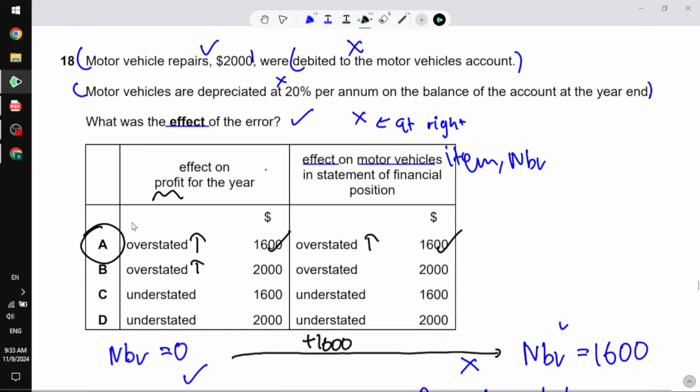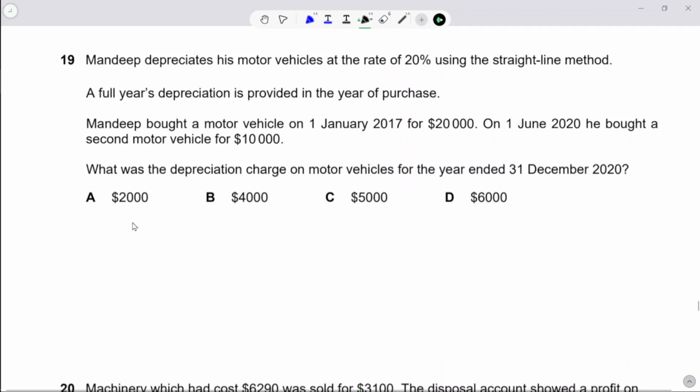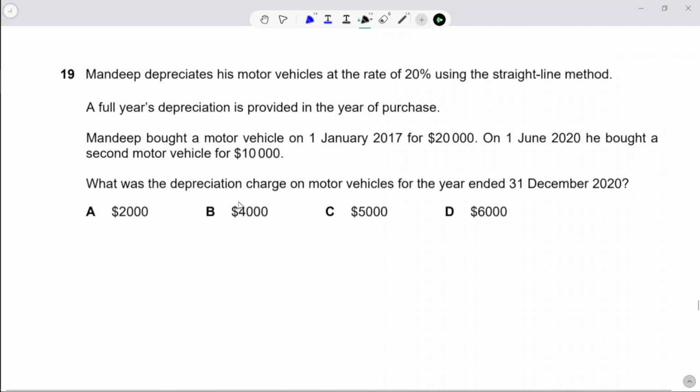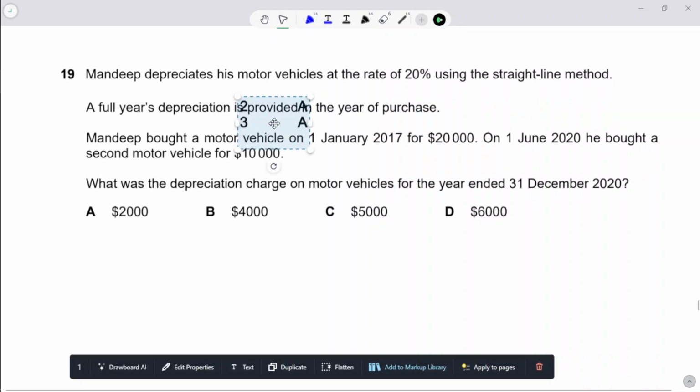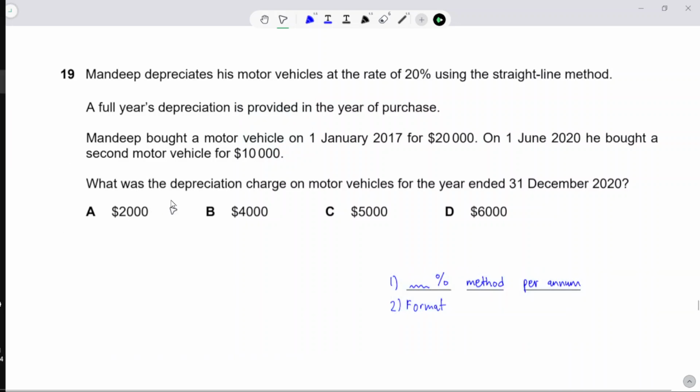Okay. Now let's go to question 19. So the first thing we need to do is percentage method and per annum.